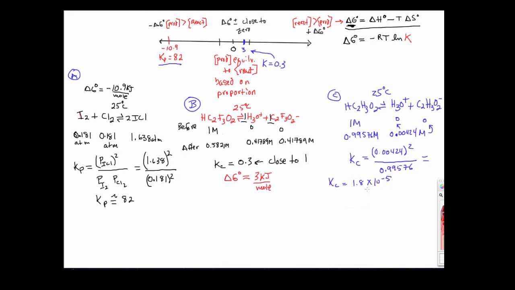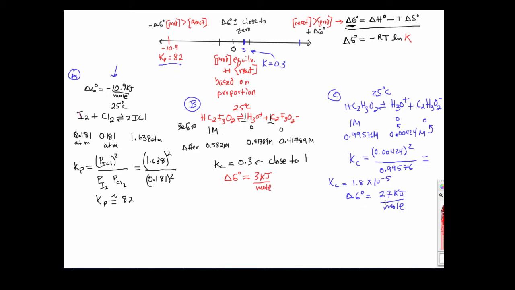This is what I consider a small equilibrium constant. All right, so let's write in, and the delta G naught for this reaction is equal to 27 kilojoules per mole. So this is a comparably large number in magnitude to this number here, except that it's opposite in sign, right?